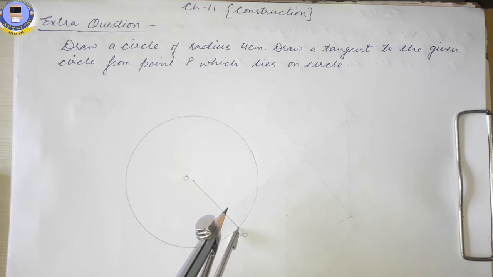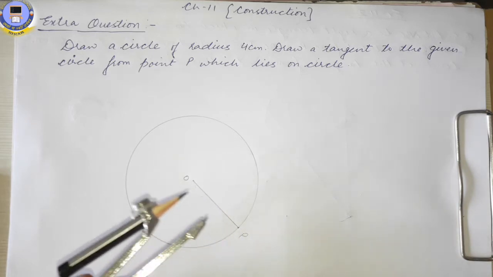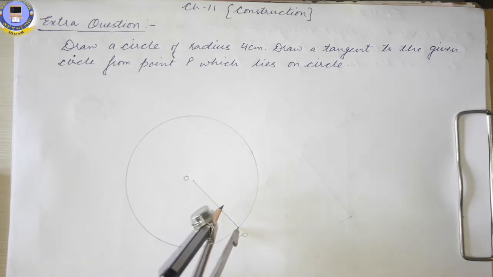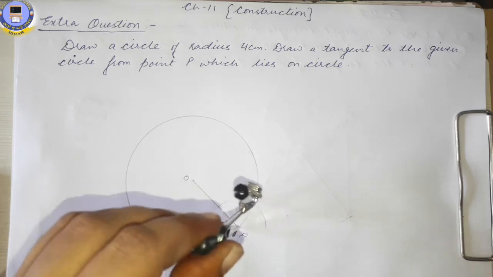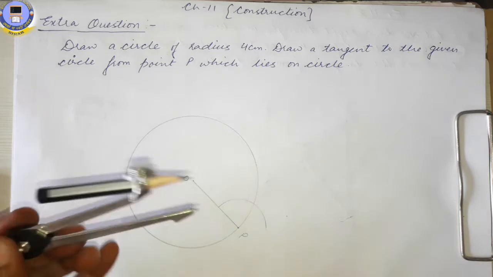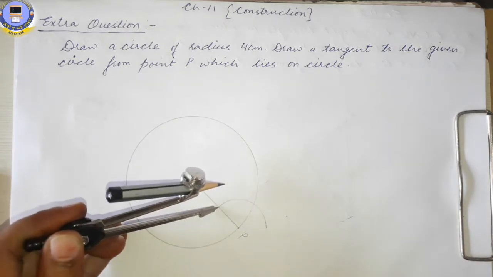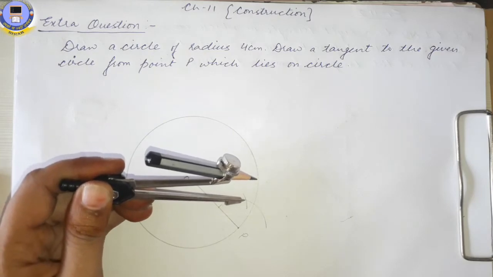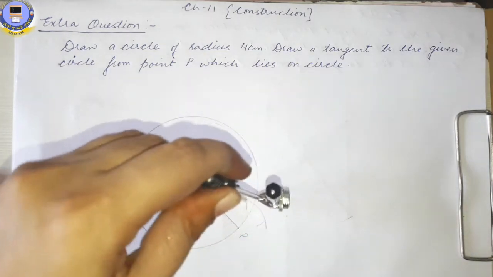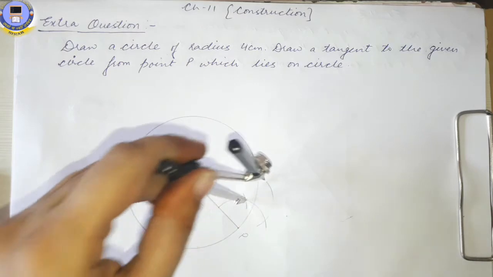So open your compass up to standard size and taking P as a center, draw an arc to make an angle of 90 degree. Okay. You know how to draw an angle of 90 degree. First of all 60, then 120 and then bisect this gap.